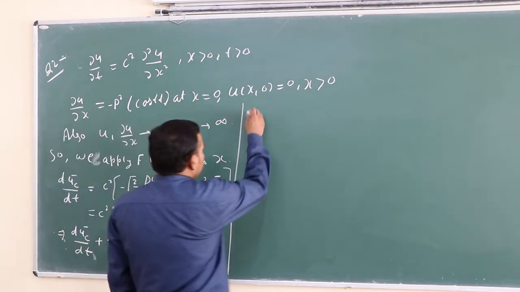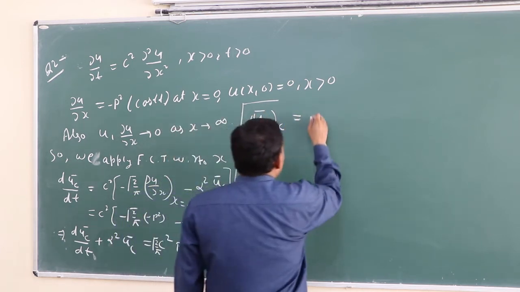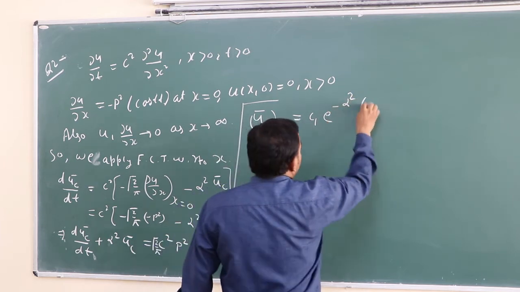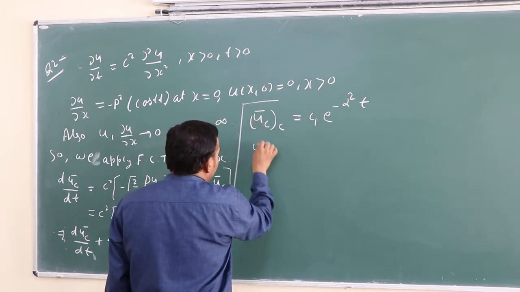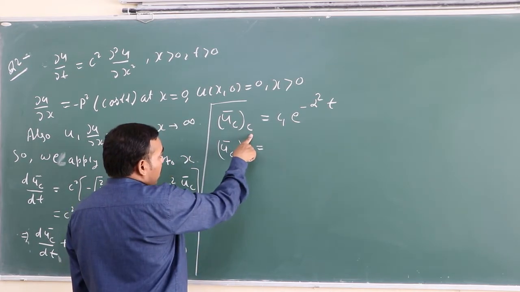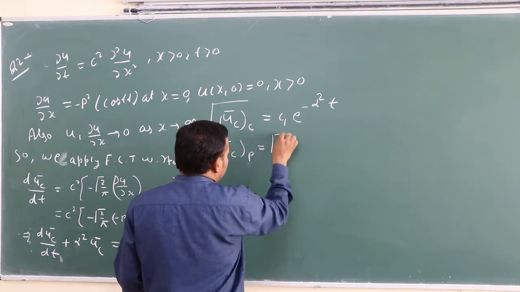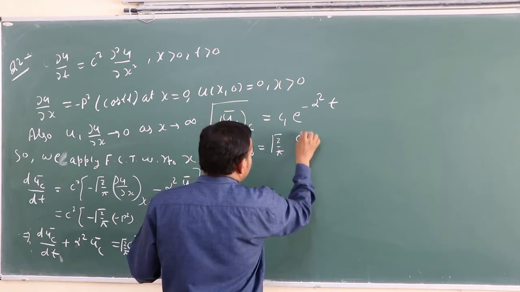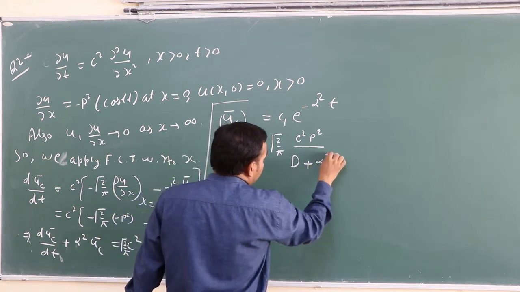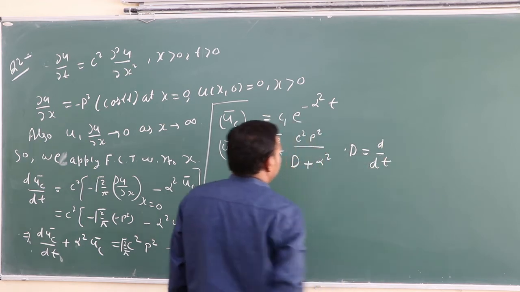The complementary function of this is c1 e to the power minus alpha square c square t, and the particular integral is c square p square upon D plus alpha square c square, where D stands for d upon dt.